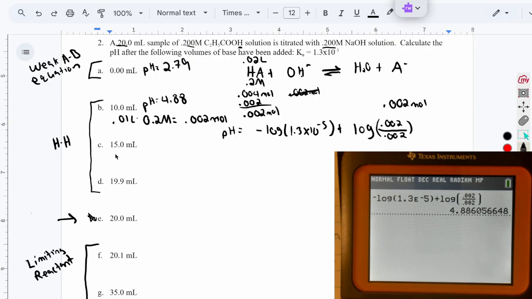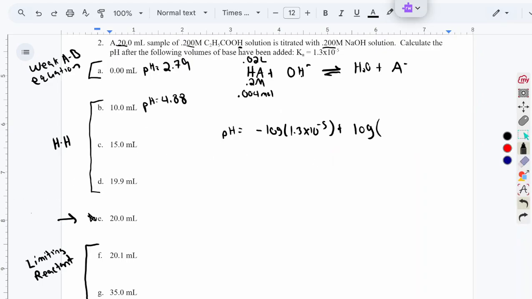And we're going to do something similar with all three of these. So let's calculate out the 15 milliliters. I'm going to erase much of this. I'll put you on pause so you don't have to see it. Okay, I think this is clear enough because we're still starting with the same amount of the acid. So let's see how much OH is being added at this point: 0.015 liters times 0.2, which gives me 0.003 moles of OH.